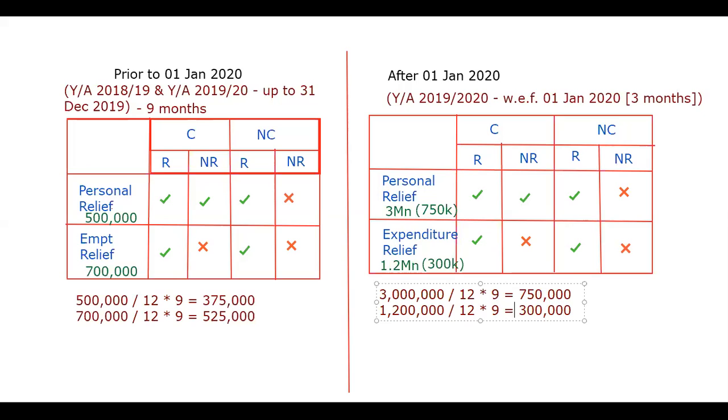Here this is expenditure relief, ER, and this is personal relief, PR.